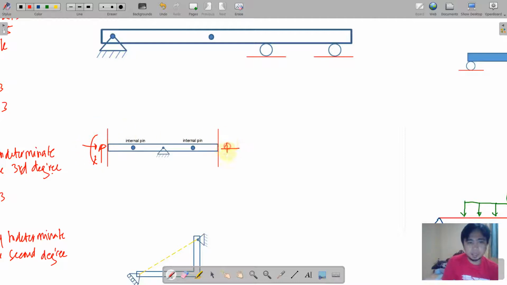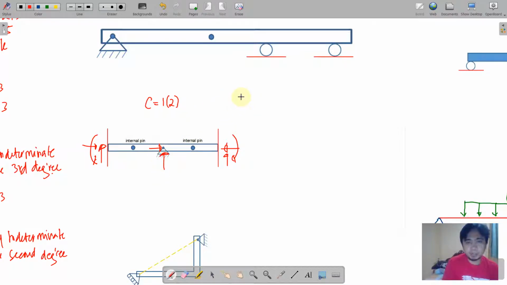So another 3 reactions at the other support. C for an internal pin is 1. We multiply it by 2. So we also have 2 reactions for the external pin there.